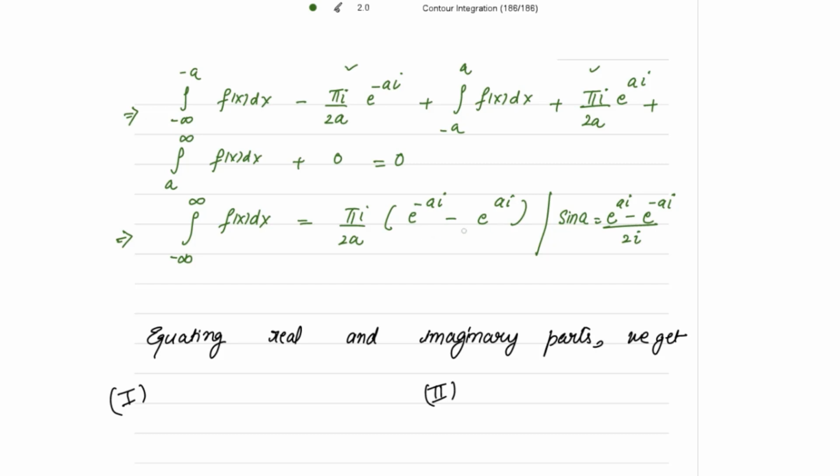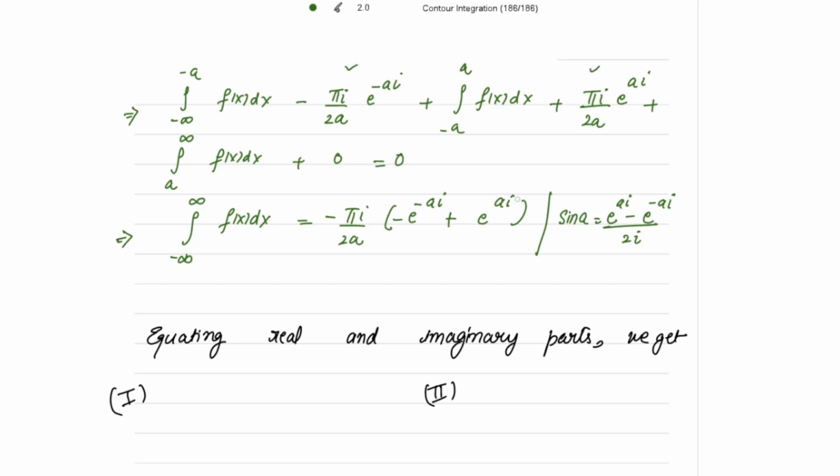So in this formula, I'm having e to the power a iota positive. Here I'm having a negative sign, right? I have to use this formula, so taking this negative sign outside. Now is it okay? Okay.